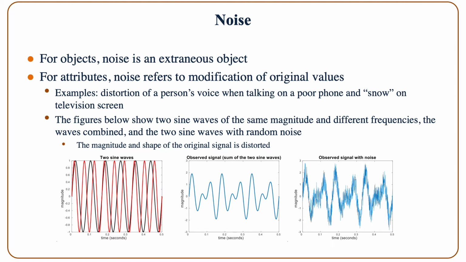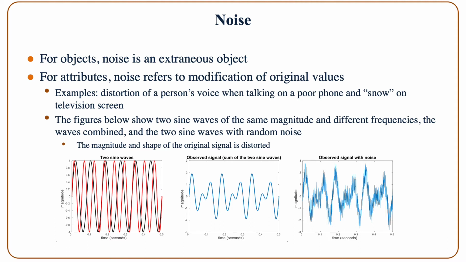It refers to modification of original values of attributes. As an example, when a person talks on the phone, and if the phone is a poor quality phone, the voice could be distorted. When you watch a TV using an outdoor antenna, you could see snow on the television screen.